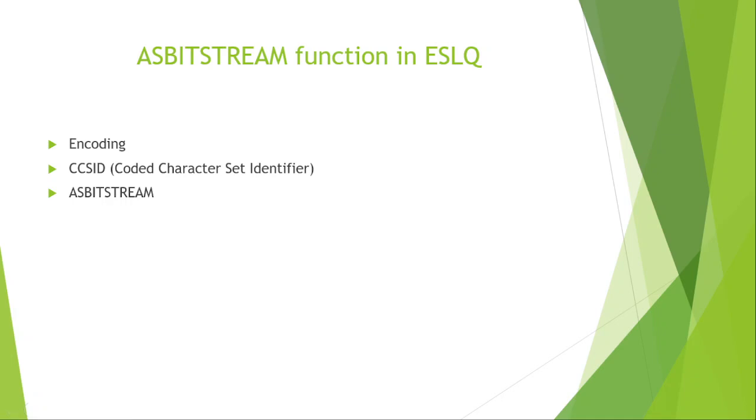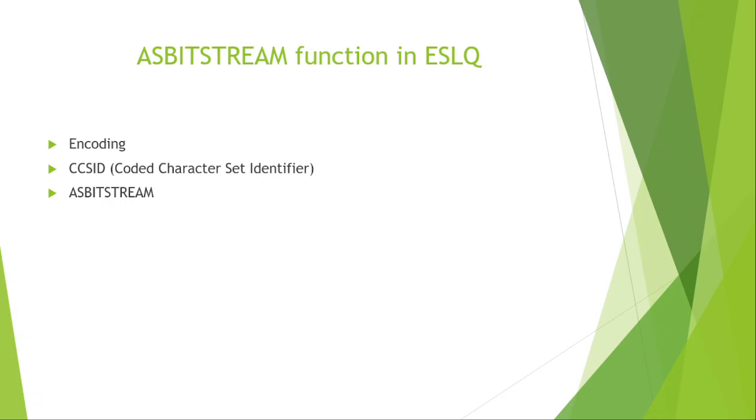Before understanding the ASBITSTREAM function, we should have at least basic knowledge of encoding and the coded character set identifier, also known as CCSID. First we will learn encoding, the basics of encoding and types of encoding.